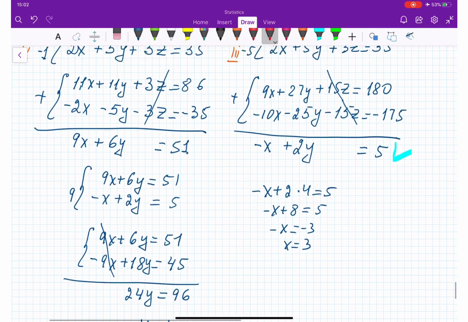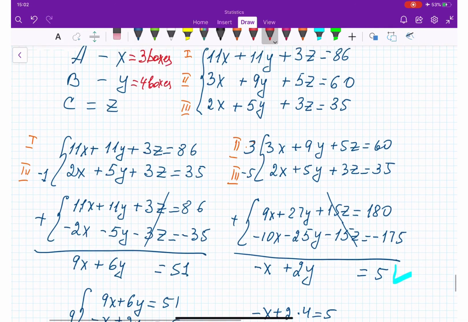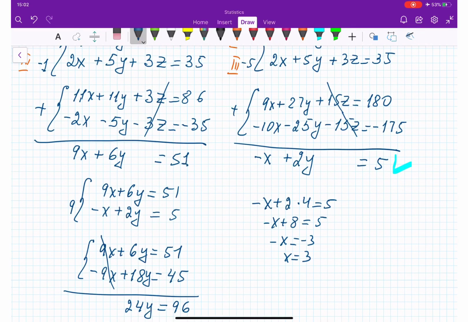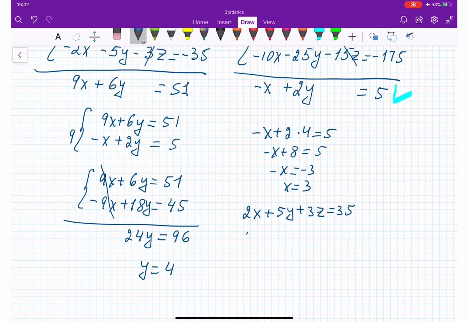And z, where can I plug the z? Okay, let me see some original. Let me plug into the third equation: 2x plus 5y plus 3z is equal 35. Okay, let's plug. 2 times 3, x is 3, plus 5 times 4, y is 4, plus 3z is equal 35.